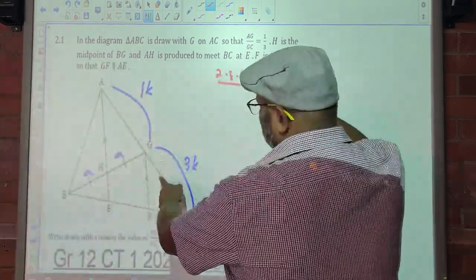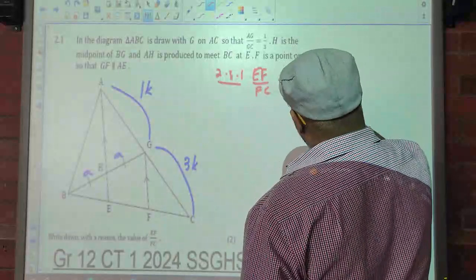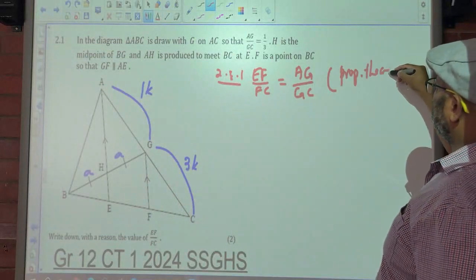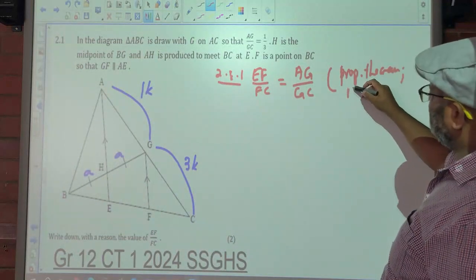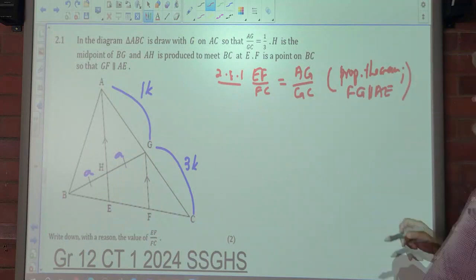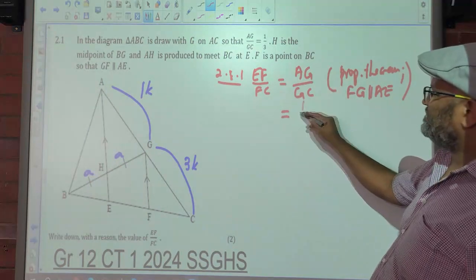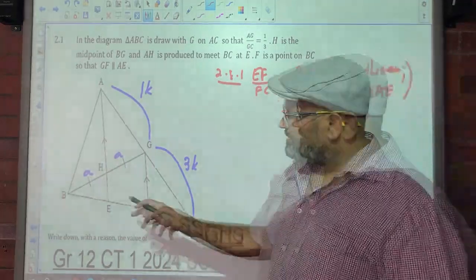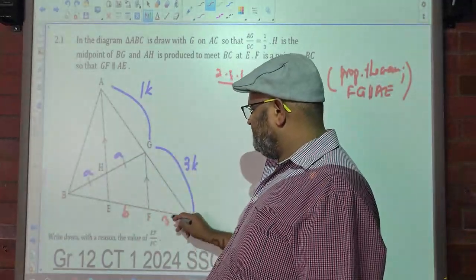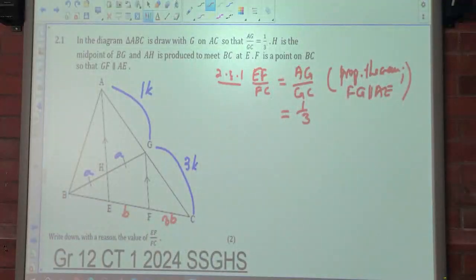EF over FC is going to be AG over GC. Why? Because of the proportionality theorem, with FG being parallel to A, which is also equal to 1K over 3K, which is 1 over 3. So since I got A's there, I'm going to say this is going to be 1B and 3B. Then what is EC? 4B if needed. Okay.